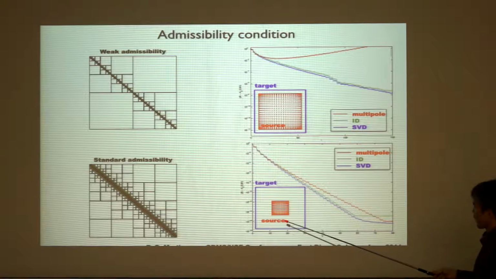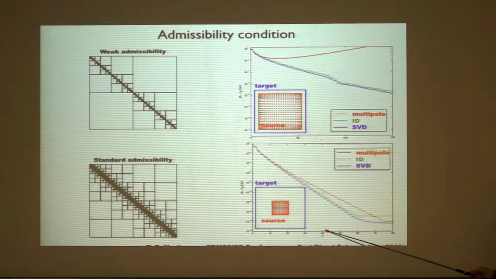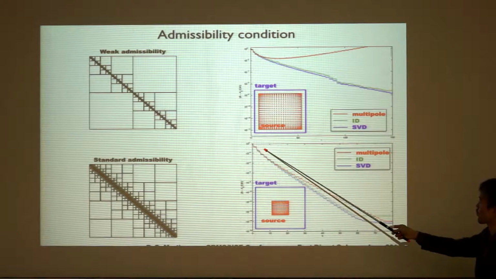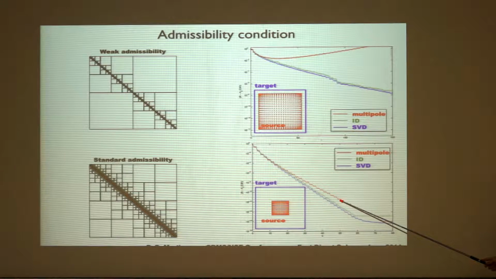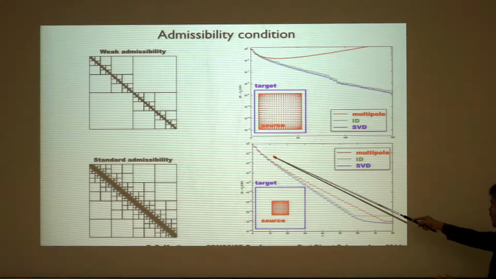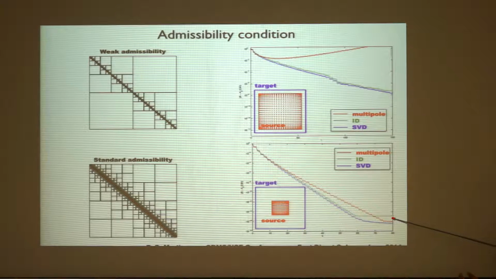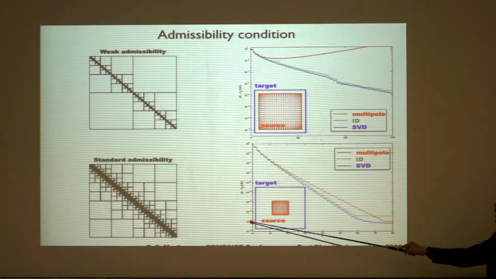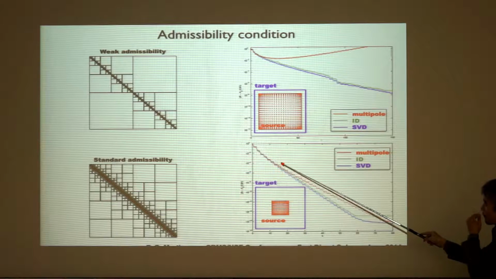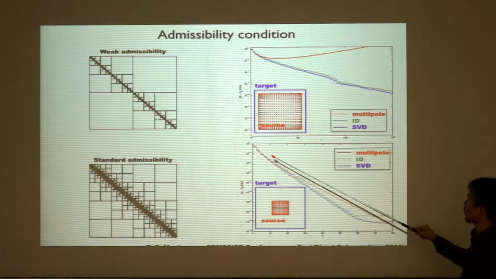And then this is the ranks. So if you use more ranks to represent, or more terms in the multipole expansion in the multipole case, then of course your answer gets more and more accurate. But it levels off when you hit about 10 to the minus 16. But if it's far enough, then all of them converge.